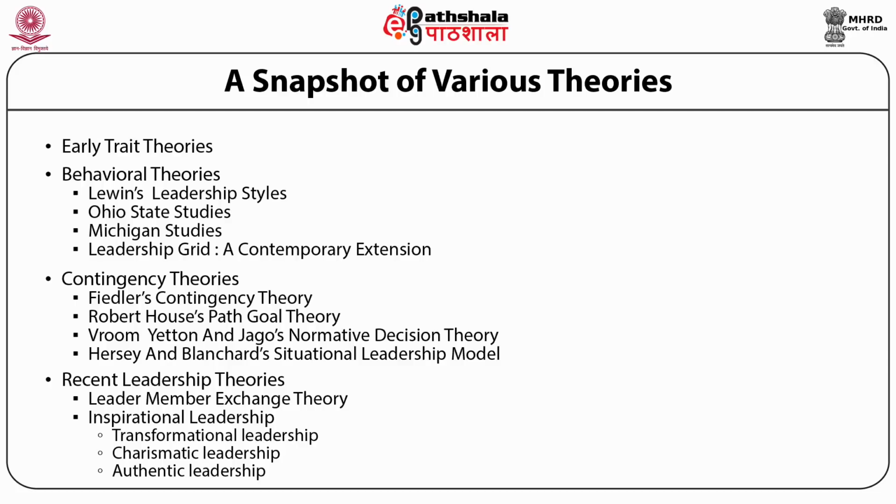In the contingency theories, we'll discuss Fiedler's contingency theory, Robert House's path-goal theory, Vroom and Yetton's normative decision-making theory, and Hersey and Blanchard's situational leadership model. Some of the recent leadership theories are leader-member exchange theory and inspirational leadership. Apart from this, there are other types of leadership theories which are transformational leadership, charismatic leadership, and authentic leadership.